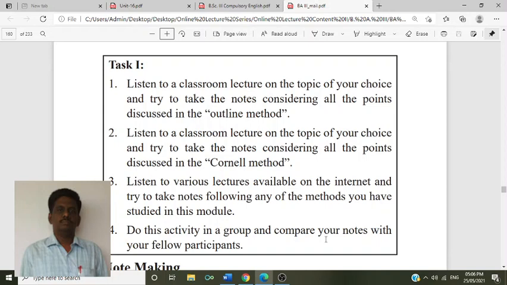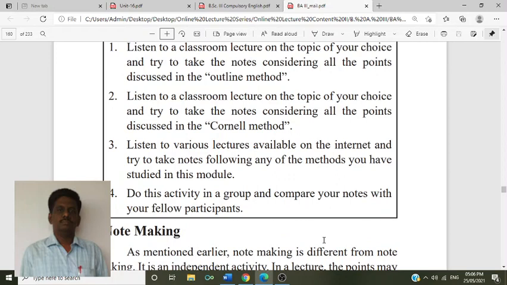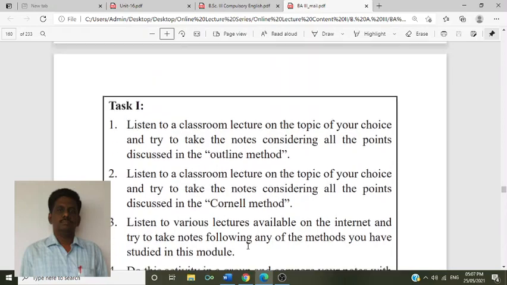Third is to listen to various lectures available on the internet and try to take notes following any of the methods you have studied in this module. It is also very easy, you can do it at home. Then do this activity in a group and compare your notes with your fellow participants. This we cannot do now, but all three tasks we can do at home. So this is note taking.